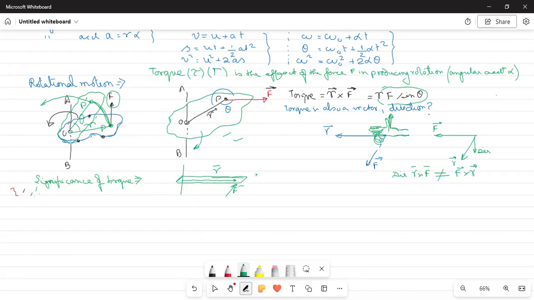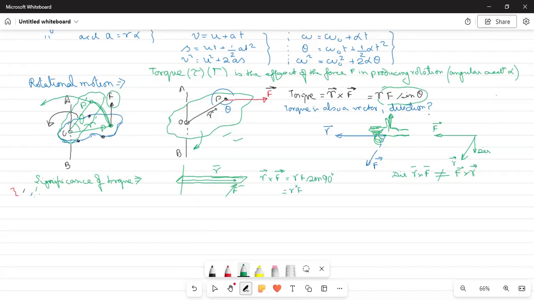They are perpendicular to each other, then their cross product R into F is equal to RF sine 90, which is equal to RF.